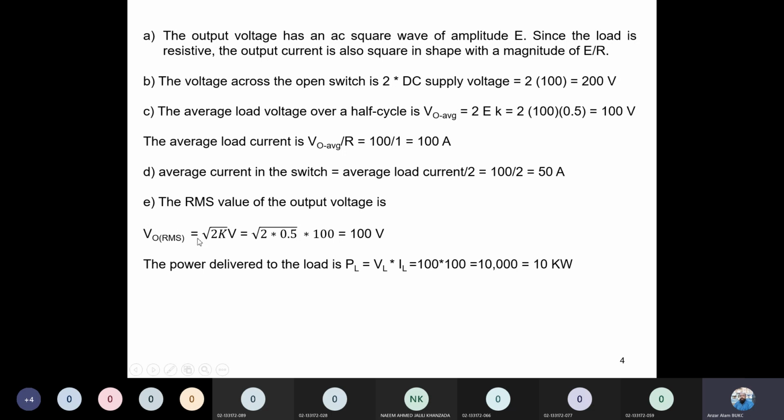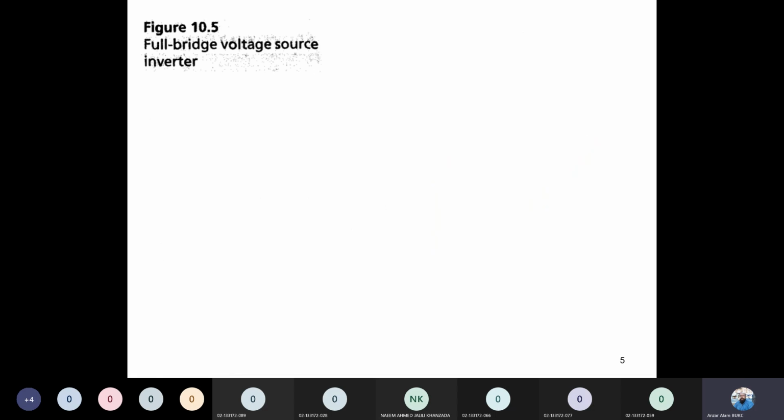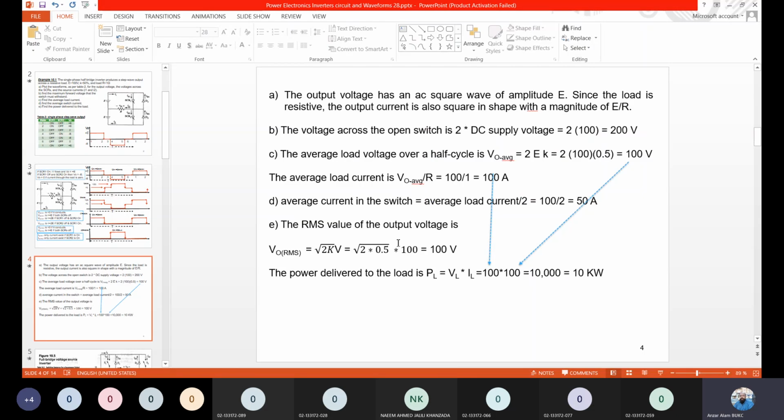Output RMS value, the equation is, or for the output RMS is square root of 2 duty cycle multiplied by voltage. तो 100 वोल्ट आ गए। The power delivered to the load is PL is equal to VL IL, दोनों 100 हैं। So this 100 comes from this average load current, and this 100 comes from this average load voltage. तो average load current को multiply कर देंगे, so the output will be 10 kilowatts. So this is the end of this slide, and if you have any question you can ask, otherwise I am leaving this session.